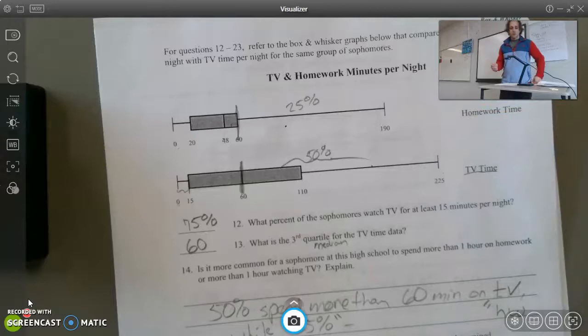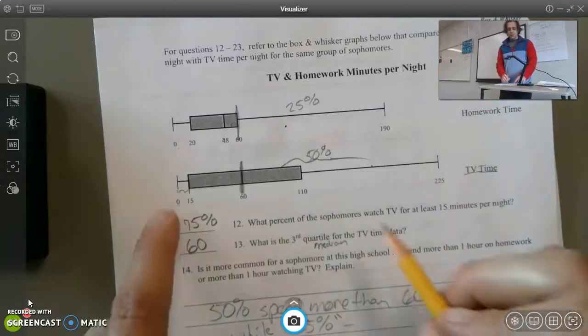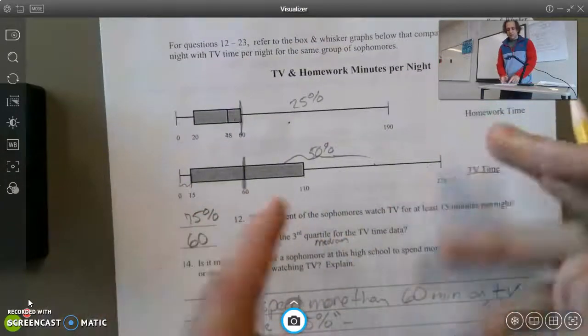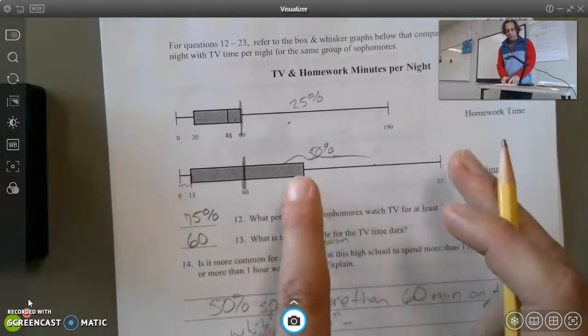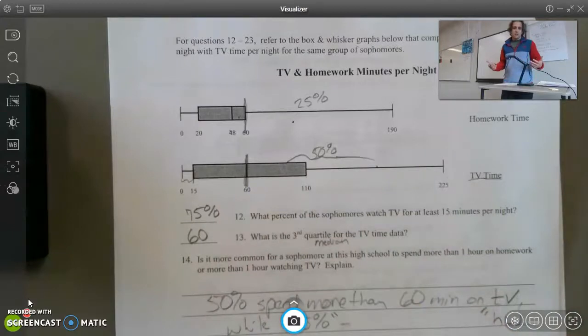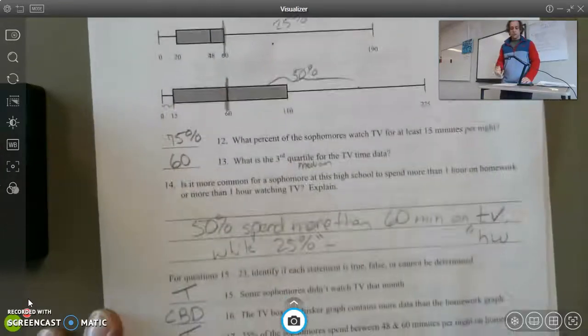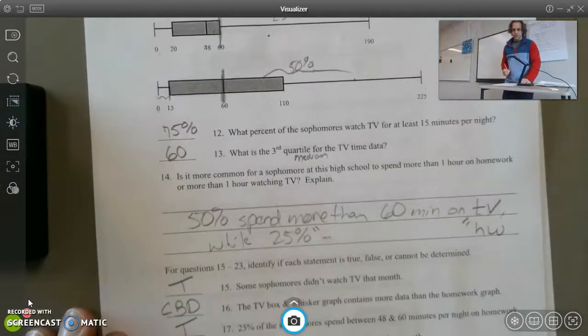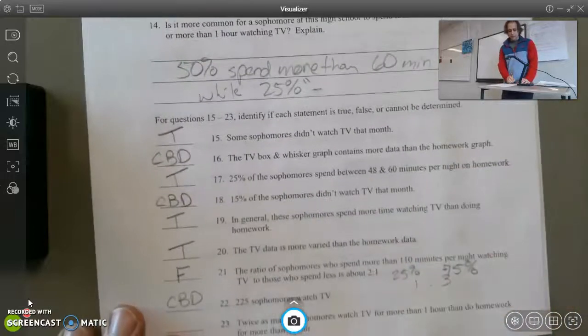I just know the percentages that fall within these quartiles. Like 25% of students fall between these two values. 25% fall between these two values. How much is 25%? It depends on how many students they asked, and I do not know. There's no way for us to know just from the box and whisker plot.